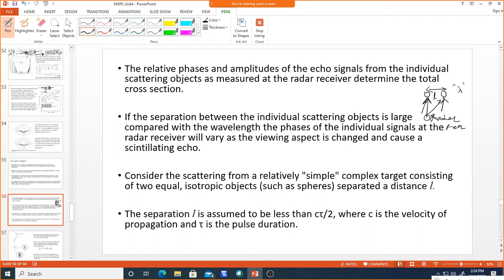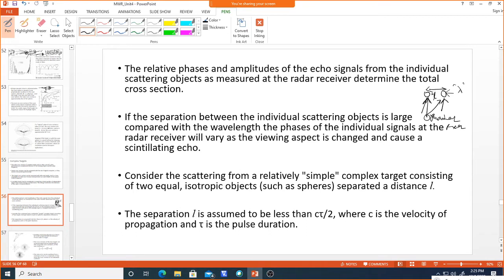And scintillation echo means each individual target creates a flash signal, so the echo signal will vary with respect to the separation from the other target. That means whenever you transmit the signal and it reflects back, it gives some flash signal having different phase and amplitude, because of this separation.